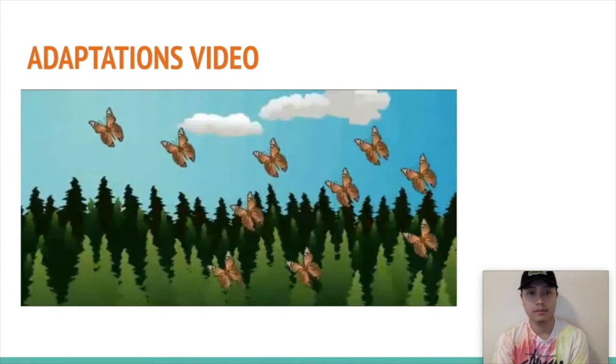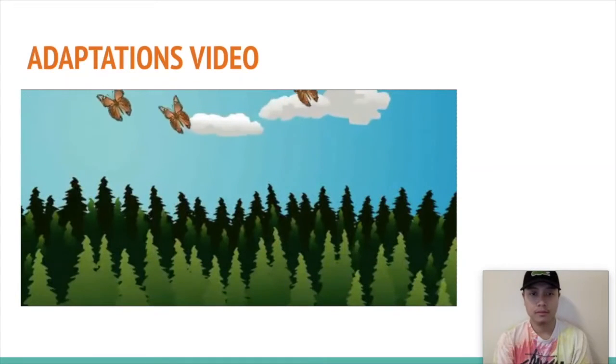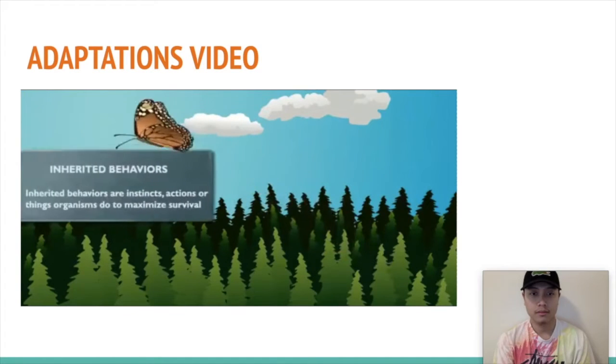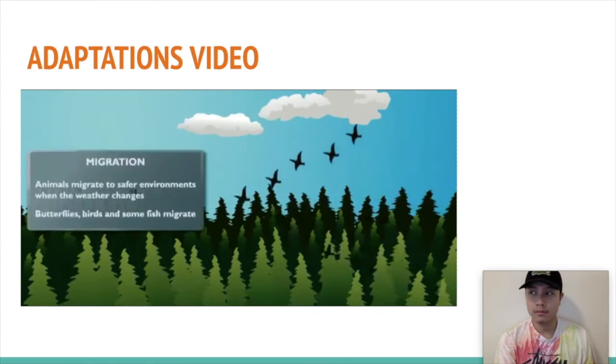Cool. So, if those are all physical adaptations, what are adaptations like migration called? Oh yeah, adaptations like migration are called inherited behaviors, or instinct. Inherited behaviors are actions, things organisms do to maximize their survival. The butterflies migrate to survive? Yep. Butterflies migrate to warmer climates where they can survive and find more food.